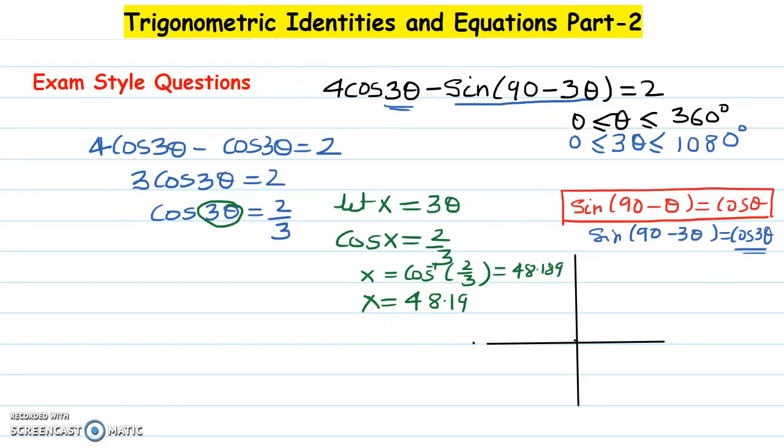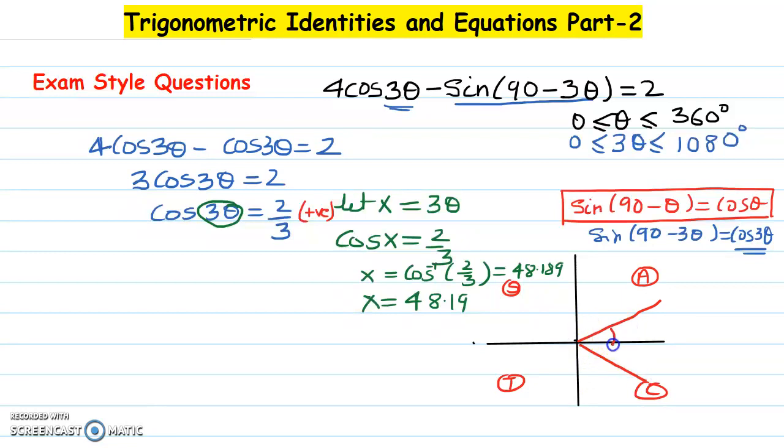Now after this we are going to start the same thing. Here cos 3 theta is positive, so we need to see where cos is positive. Let's write down ASTC, add sugar to coffee. You can use the CAST diagram as well. So cos is positive in the first quadrant and the fourth quadrant. Here cos is positive.